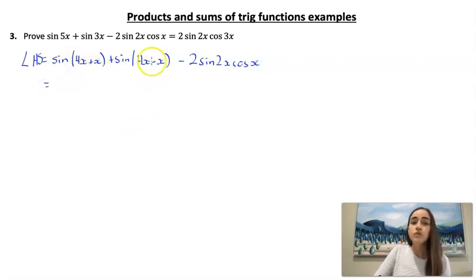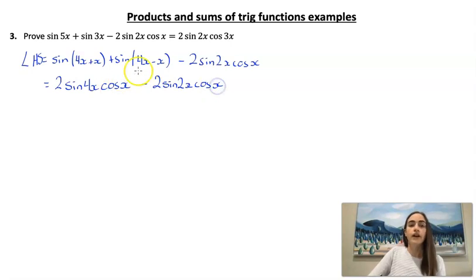All right, so then using one of our rules to convert between products and sums, I'm not going to write it down this time, but using one of those rules, we would end up with 2 sine 4x cos x. And we've still got this chunk on the end as well. Okay, so that's simplified that bit down into one term. It's always useful to have a look at what we're aiming for.